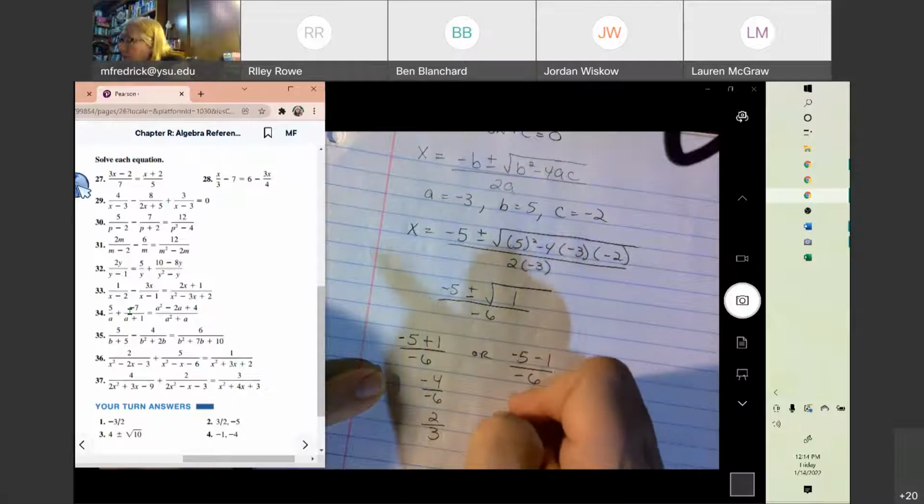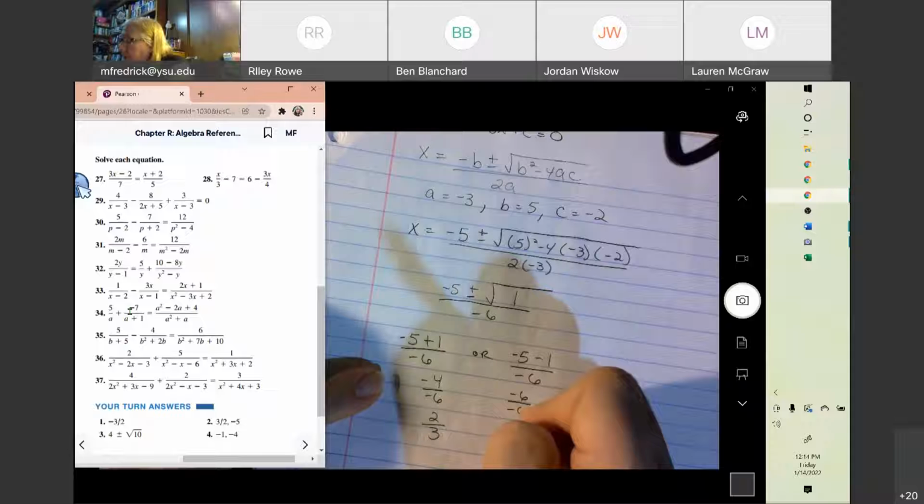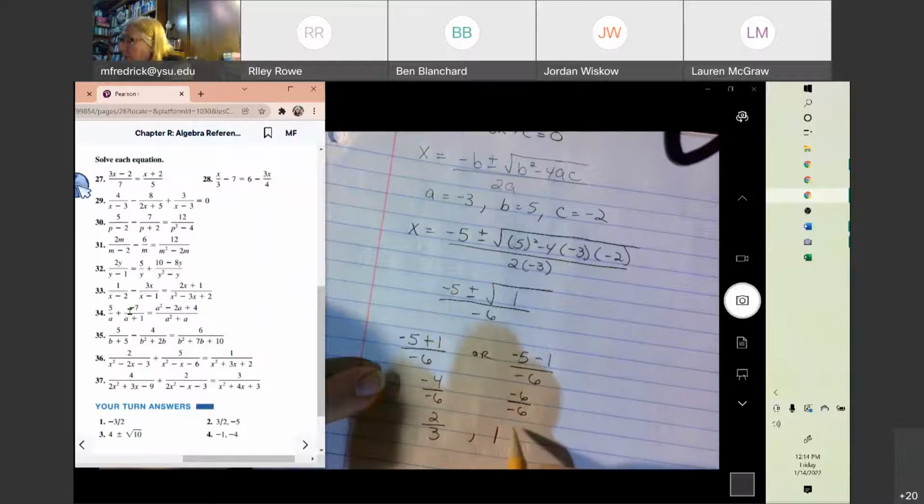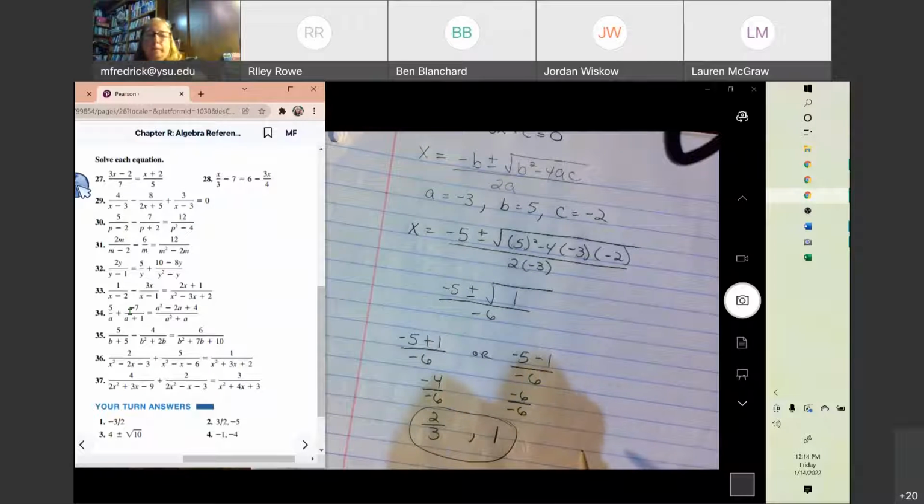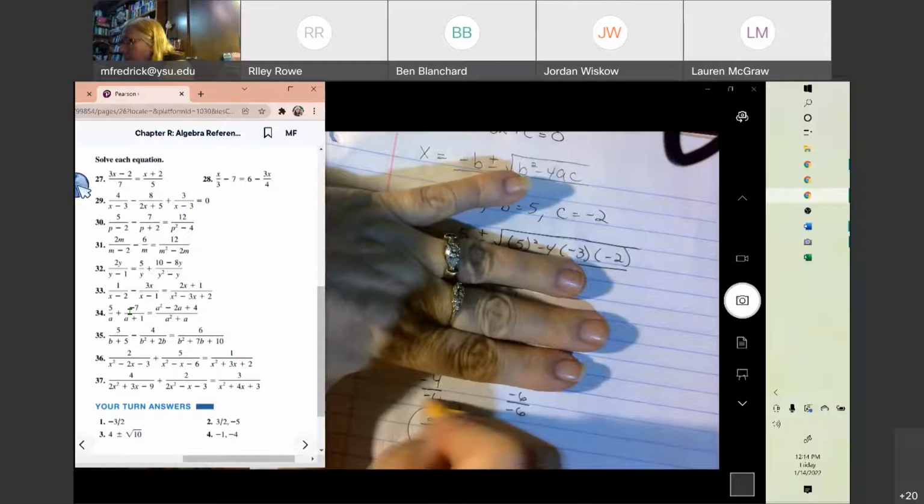Here we have -6 over -6, which is a positive 1. Now, these are two possible answers. I guess I shouldn't have circled them because they may not be.